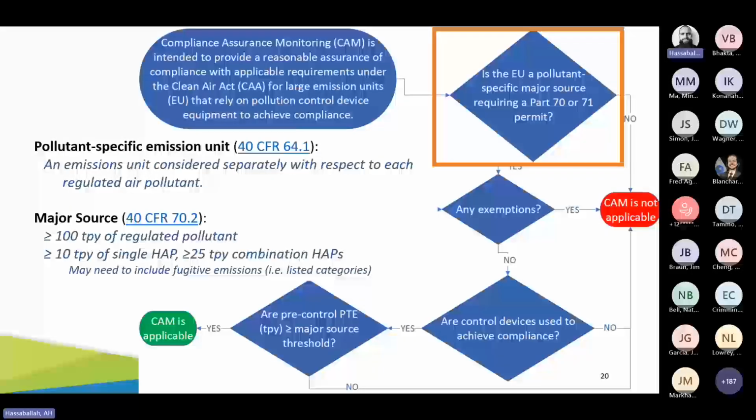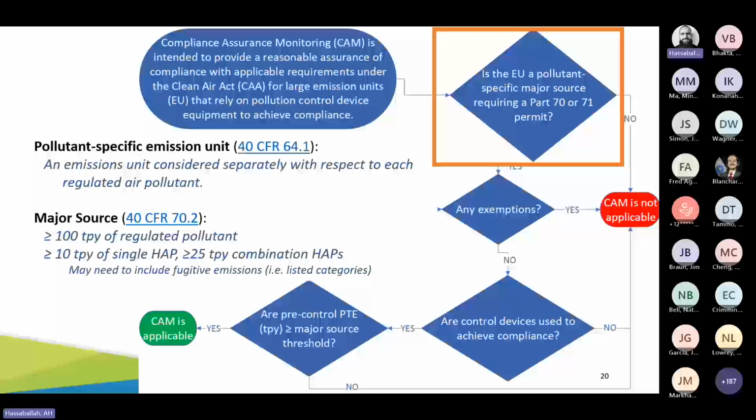An example is you have a number of pollutant-specific emission units, say a series of four coating lines, and they're collectively controlled by a control device. What would you do in such a case?